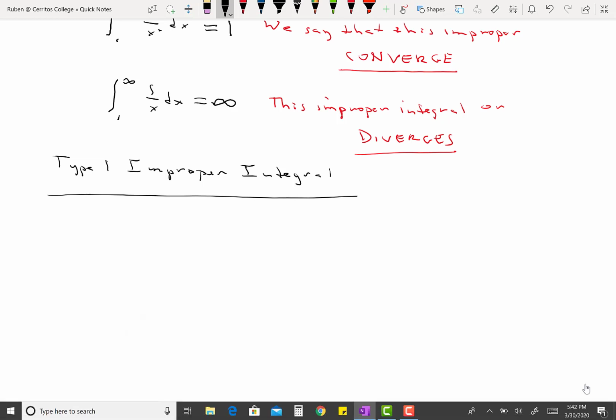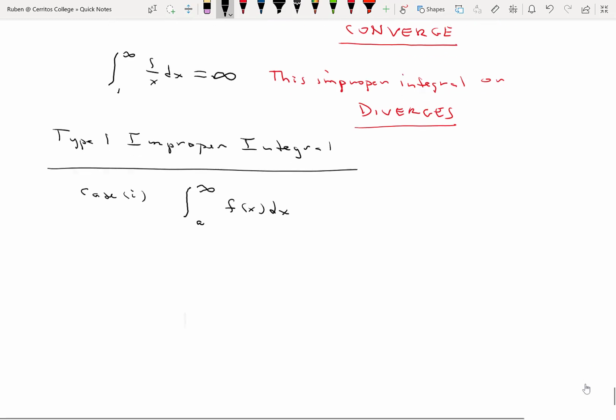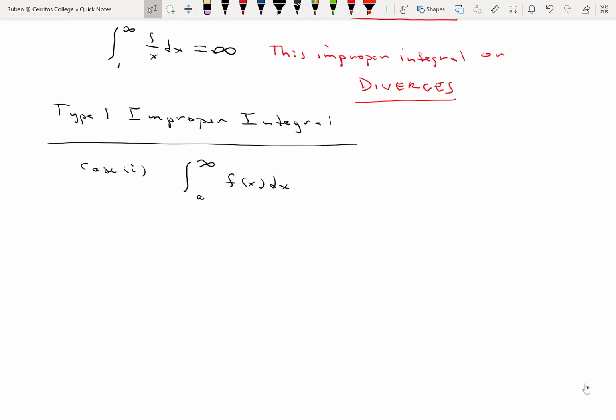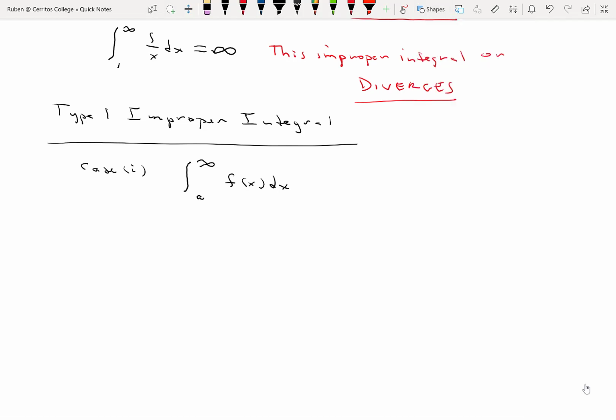So let's say case I. Case I is where the upper limit of integration is infinite. If the upper limit of integration is infinite, you approach this case by doing exactly the same thing we just did with the last two cases.